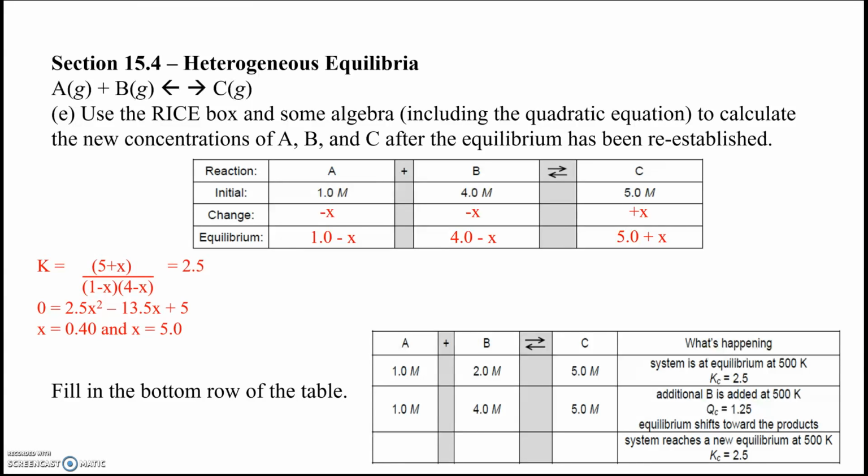Now we look at our K computation. Well, we have K is equal to 5 plus X divided by 1 minus X times 4 minus X, and that's equal to 2.5. Now when I grind through this, I actually do have a quadratic that I've got to solve. My quadratic is 0 equals 2.5x squared minus 13.5x plus 5.